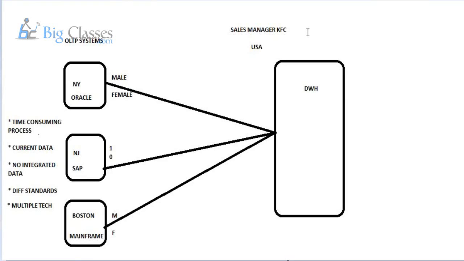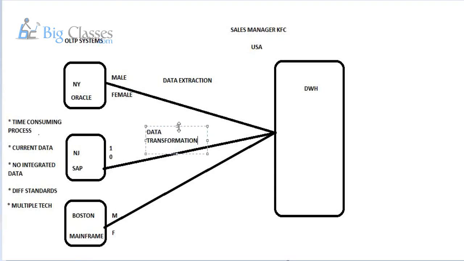So we extract the data from multiple OLTPs, and the process is called data extraction. The data is read from all the OLTP systems. If we have multiple formats of the data, we are going to transform that into a single or homogeneous format, which is called data transformation.